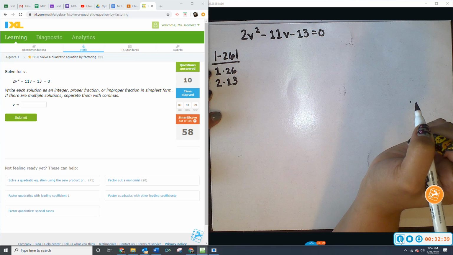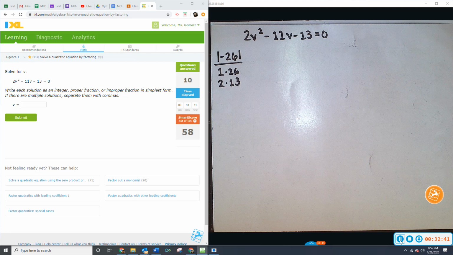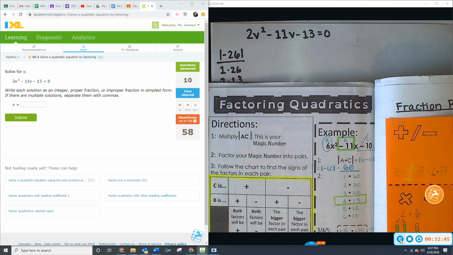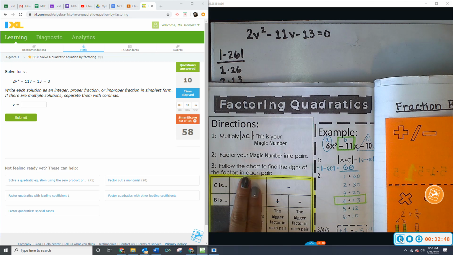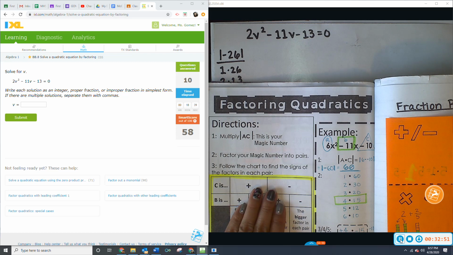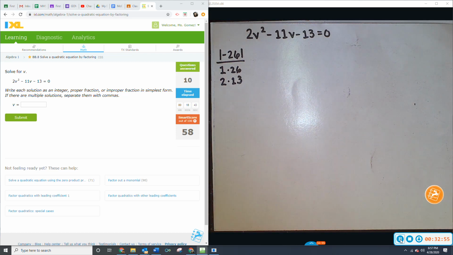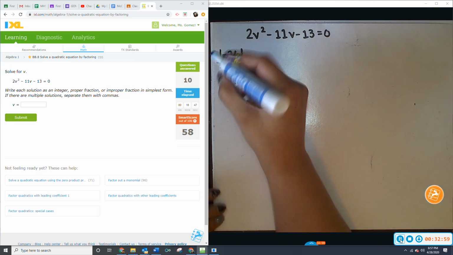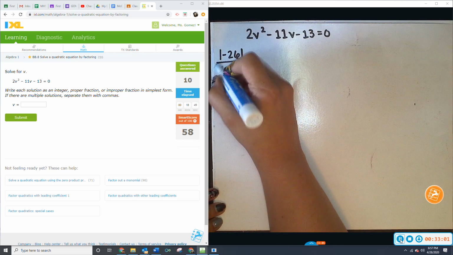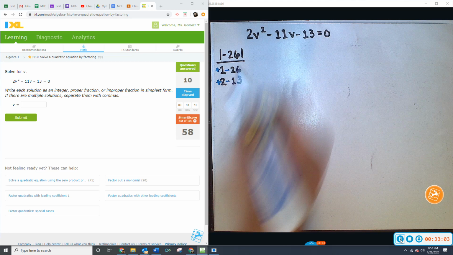All right, and obviously, our C is negative and our B is negative, so our bigger factors will be negative. So let's put negatives here, and that means these are positives. And well, yeah, that was kind of what I was looking at anyway.